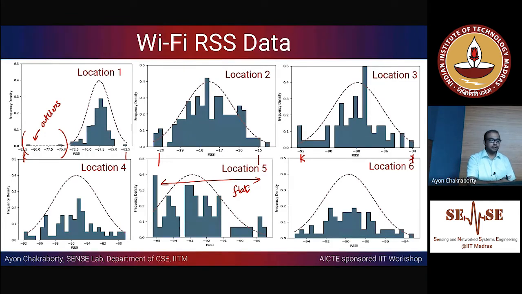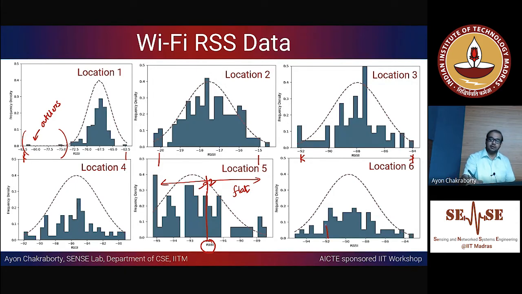Okay, so let's say your RSS value is something like minus 92. How do you know which location this data is coming from? Minus 92 can come from this distribution of location 5 with some probability.